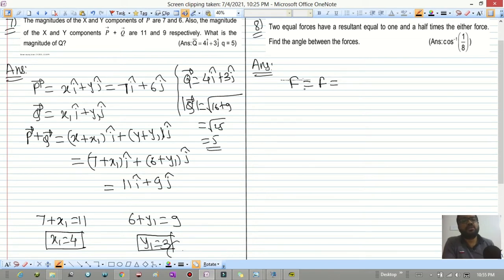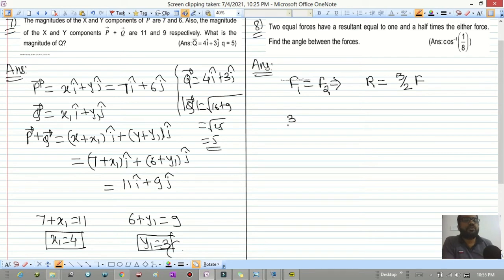Then we have F1 is equal to F2, and this gives the resultant R equal to 1.5 times, that means 1 plus 1 by 2, which is 3 divided by 2, times either of the forces F. Find the angle between the two forces.